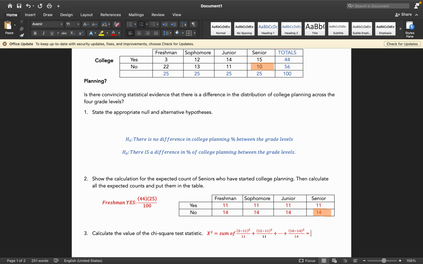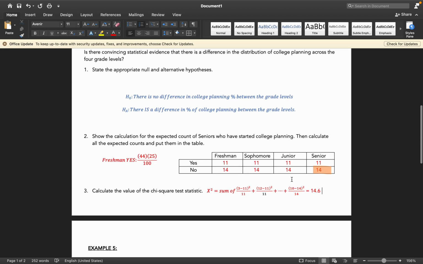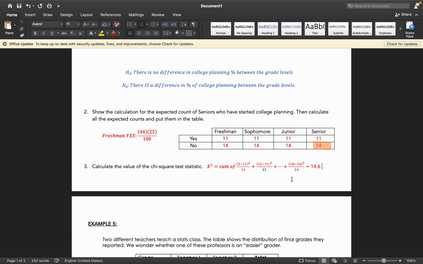And if I do that, I'm going to get 14.6. So there's my chi-squared test statistic.